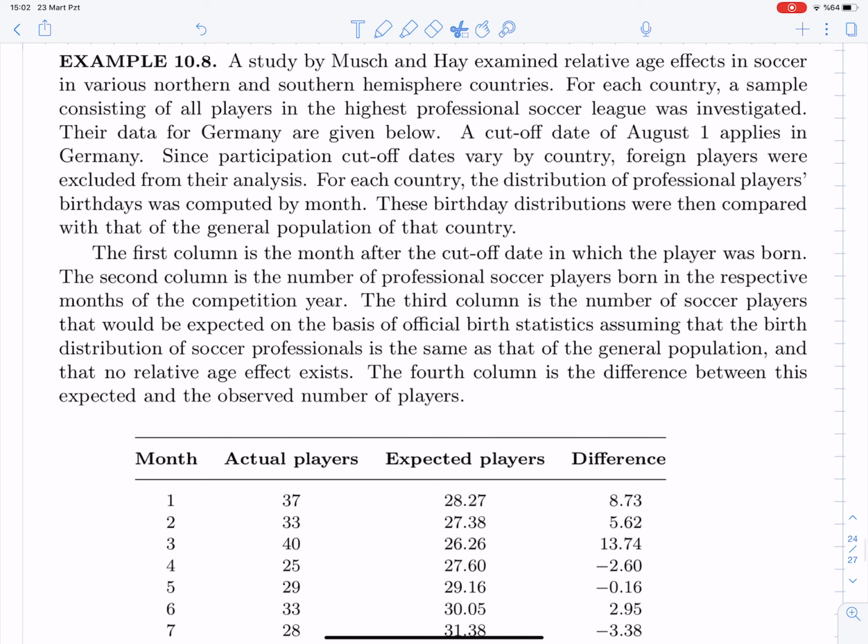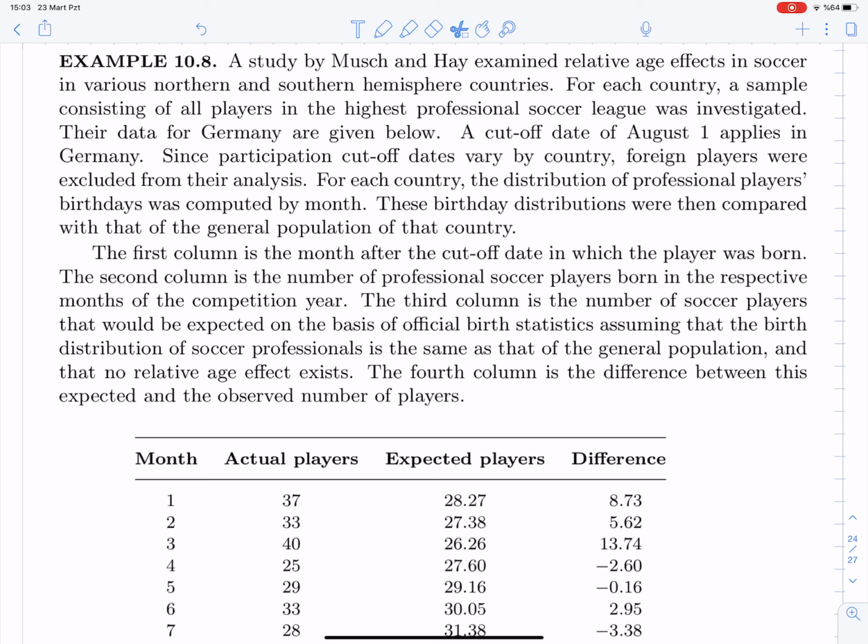A study by Mosh and Hay examined relative age effects in soccer in various northern and southern hemisphere countries. For each country, a sample consisting of all players in the highest professional soccer league was investigated. The data for Germany are given below. A cutoff date of August 1 applies in Germany.